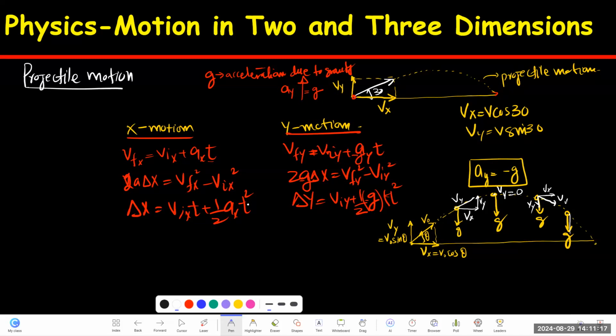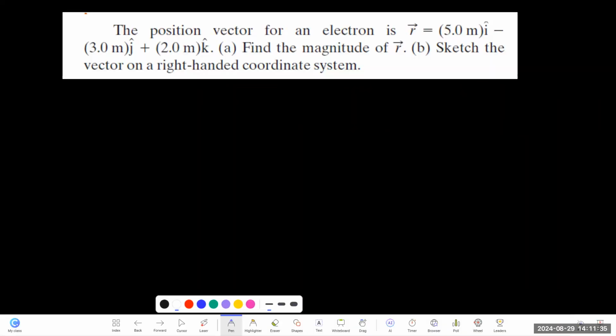Now let's take a look at some problems so we can understand this topic a little better. Let's take a look at another problem. This is a position vector problem. The position vector of an electron, R, is given by 5i minus 3j plus 2k, where these are unit vectors.